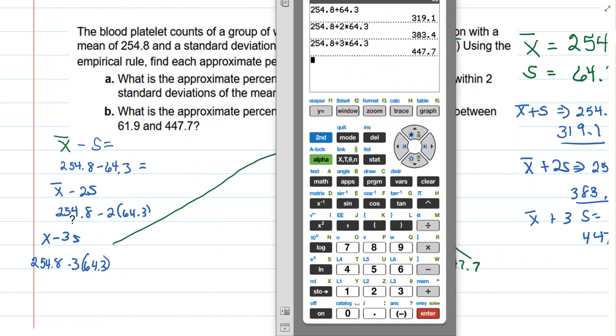I'm going to put a minus, not a negative.